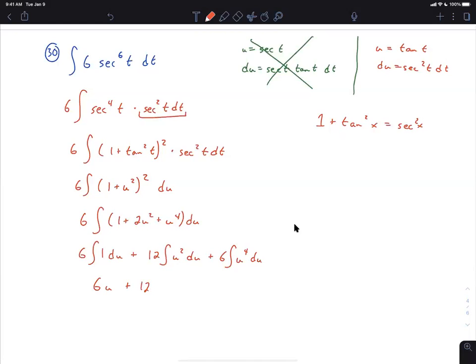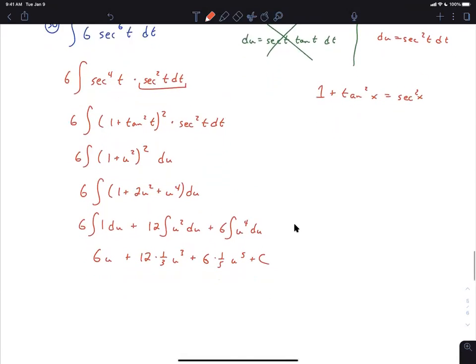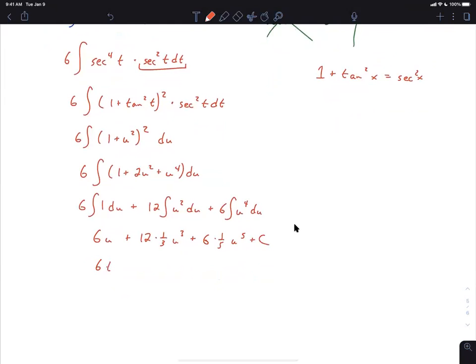And then we get 12 times 1/3 u to the 3rd, and then 6 times 1/5 u to the 5th plus c. And so then u was tangent, so we get 6 tangent t plus 4 tangent to the 3rd t plus 6/5 tangent to the 5th t plus c, and that's the answer.